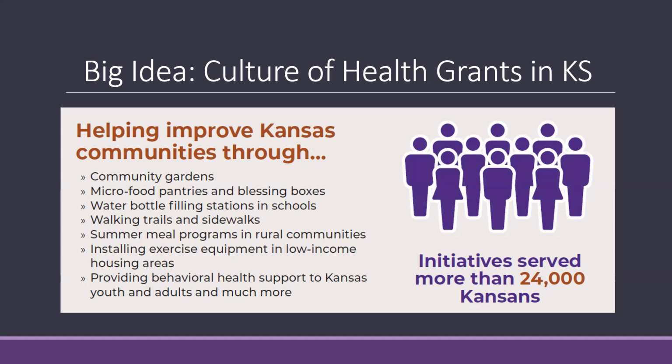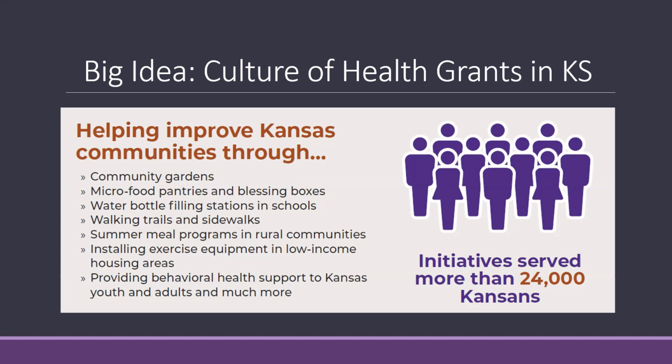And the ways in which we were able to use those funds and the changes that we were able to make were through the development of community gardens, micro food pantries, also called blessing boxes. There was a school in rural Kansas that had deplorable access to water in their school. They didn't have functioning water fountains and these sorts of things. And we were able to purchase water bottle filling stations for those students and staff. We were able to partner with Parks and Rec in cities and counties to build walking trails and sidewalks.